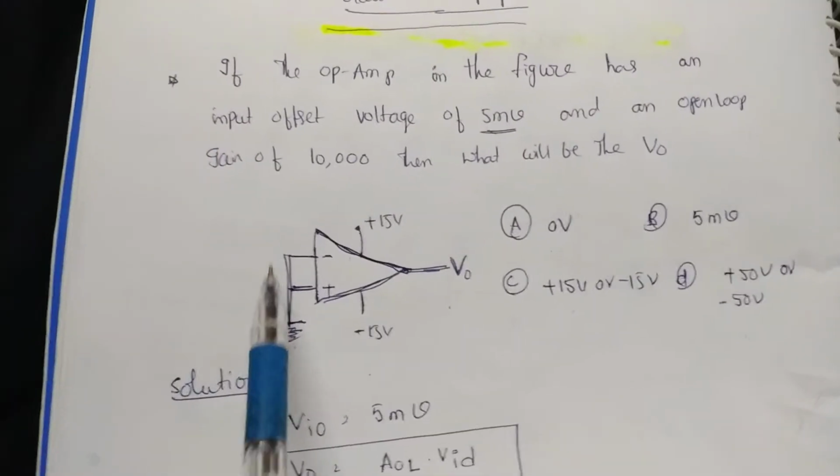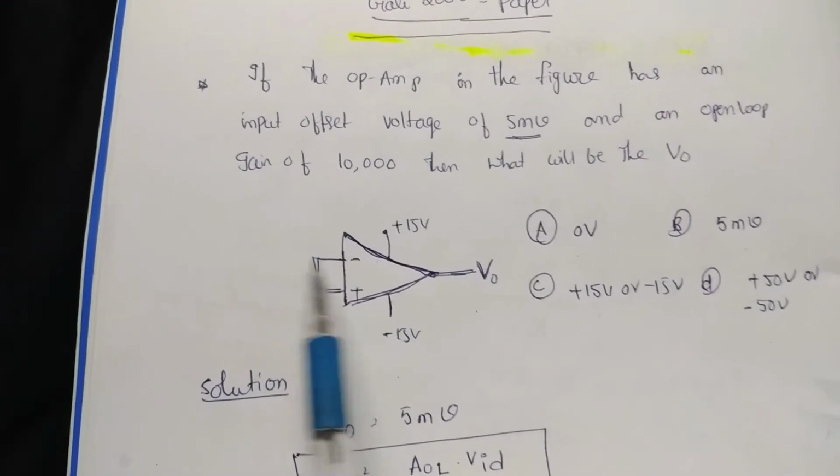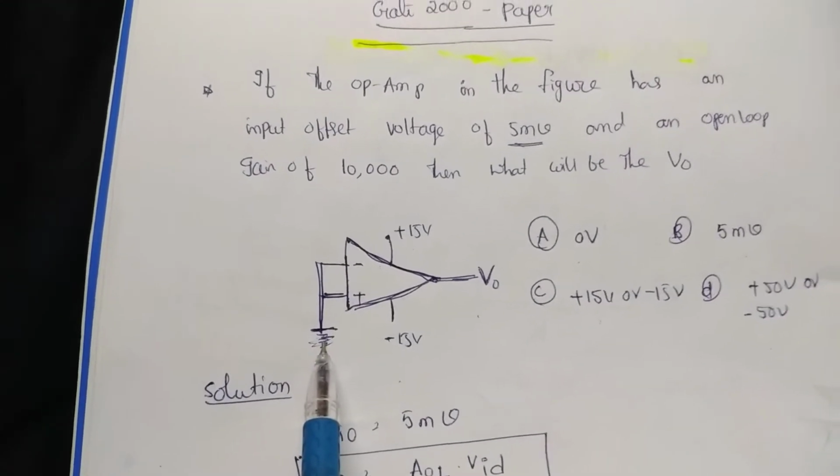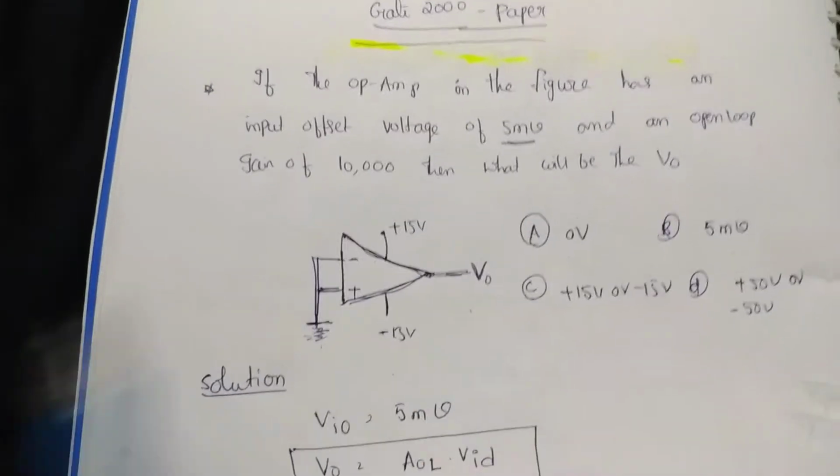Even though you are not applying any input voltage, the non-inverting terminal and inverting terminal are grounded here in the circuit, but there is some amount of input voltage present, that is 5 millivolts.